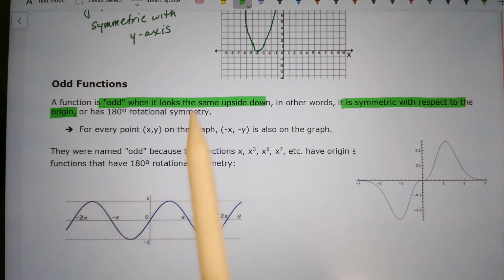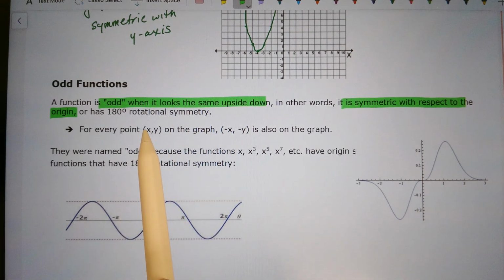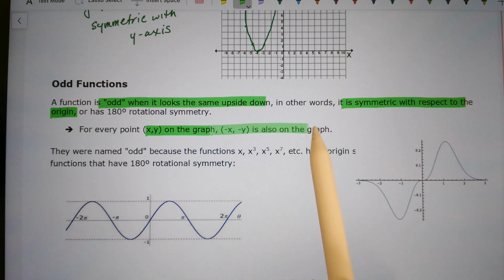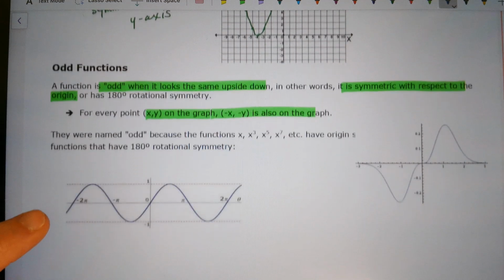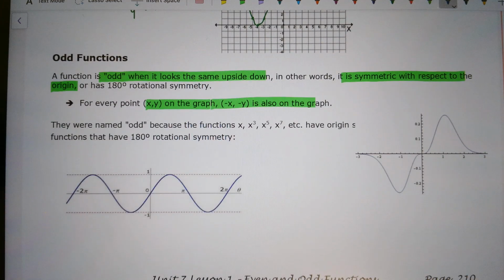For every point (x, y) on the graph, (negative x, negative y) is also on the graph. They're named odd because of the functions x to the third, x to the fifth, x to the seventh, all have symmetry with respect to the origin.